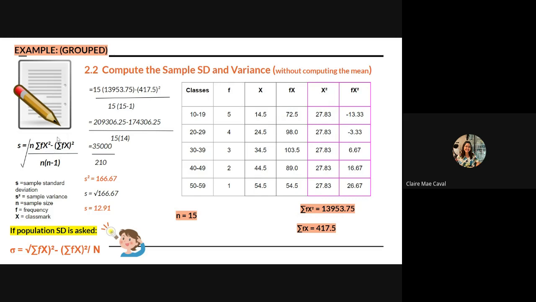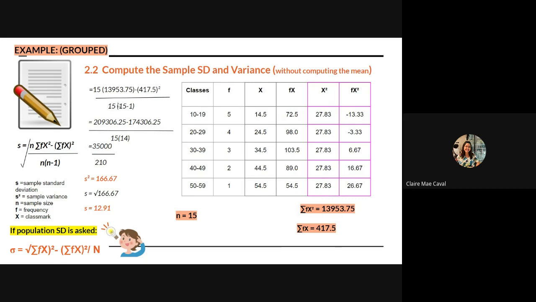Where does this come from? Here, your summation of fx squared, minus 417.5 squared. The 417.5 is the summation of fx, which we square in the formula. This is already your computed frequency times class mark squared. This is your numerator. It should appear like this.